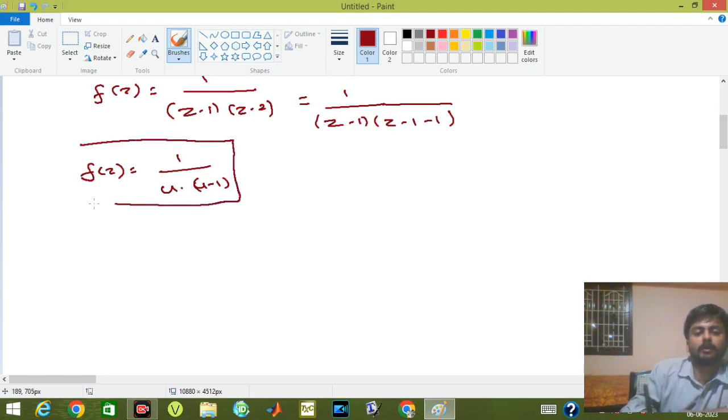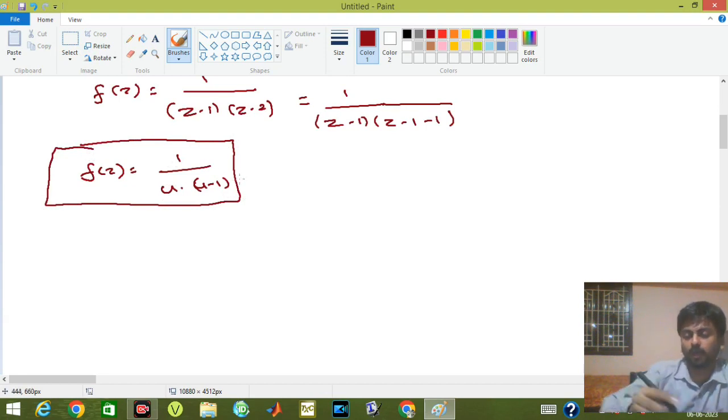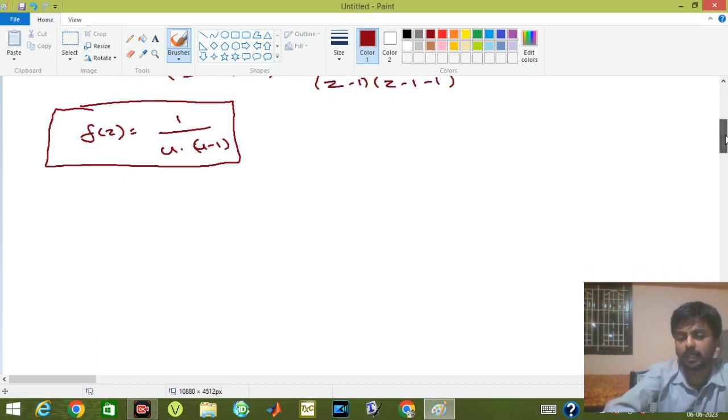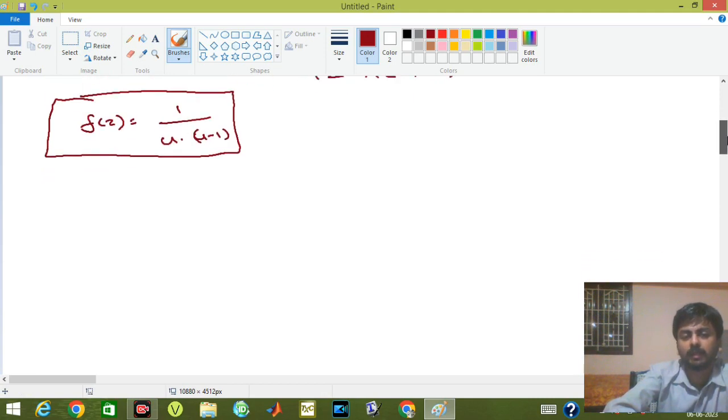I am going to solve this function in two ways. Students can follow one way, but I will prefer one method. In the last I will tell which method I prefer, but I shall give you the solution in two ways.